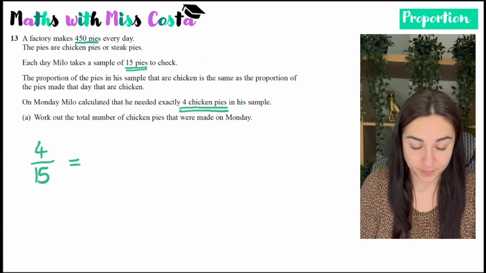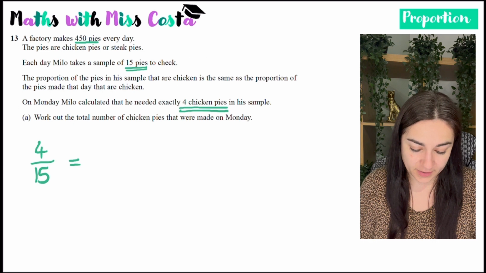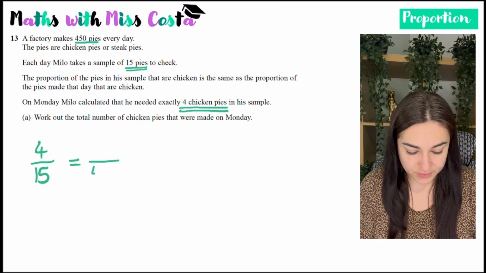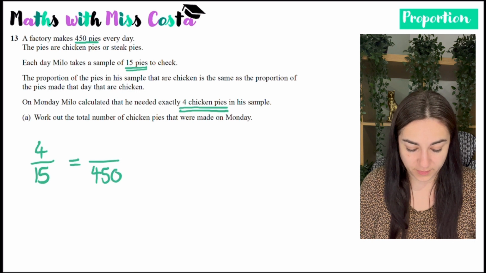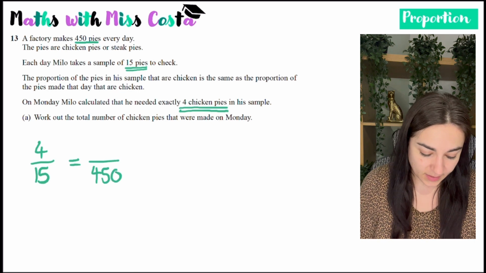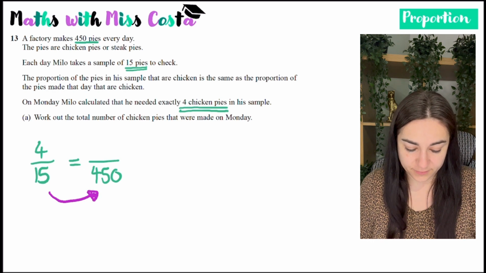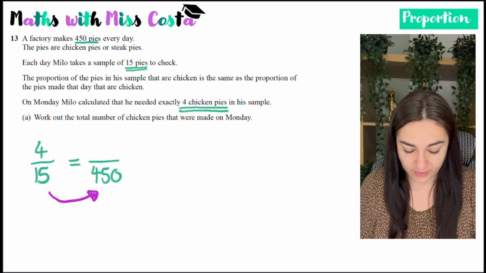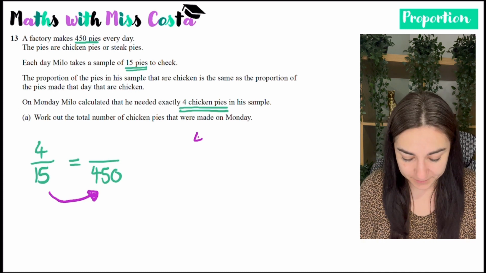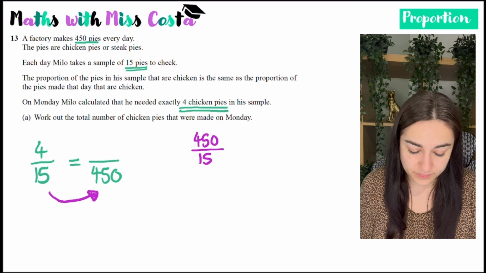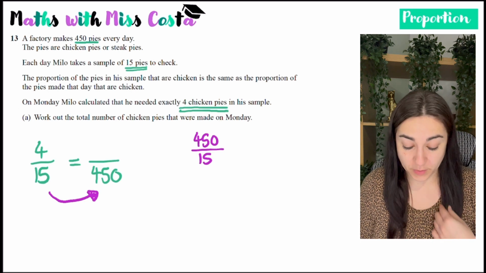So I can set up an equivalent fraction. I know that 4 out of my 15 from my sample must be equivalent to something over 450. So then what I need to do is figure out how did I get from 15 to 450? Well, I can do the reverse. So I can just do 450 divided by 15 to figure out what I would need to multiply by.